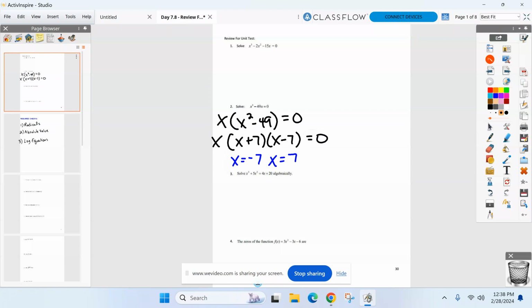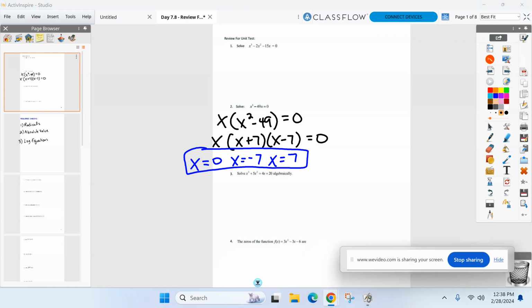If I just take out a 2, you don't need to set it equal to 0. But if it's a variable you take out as a GCF, that also needs to be set equal to 0. So there are our three answers. Questions there? I didn't ask Harper this because it was already done, but make sure it's set equal to 0 before you start.